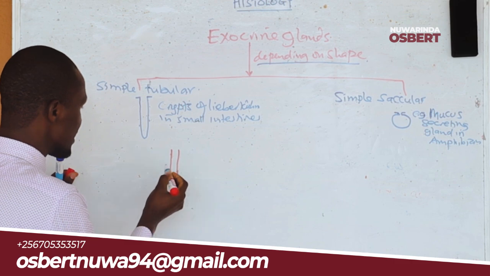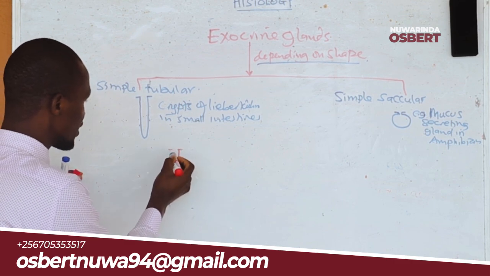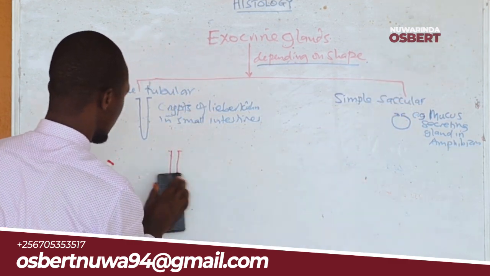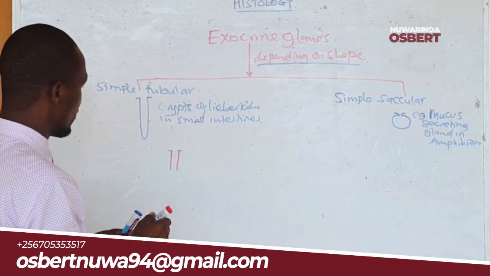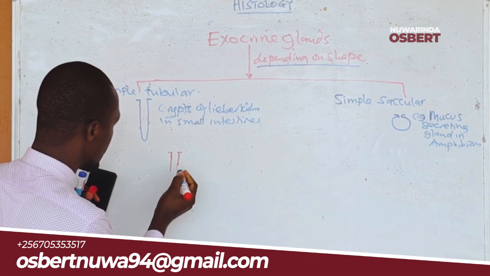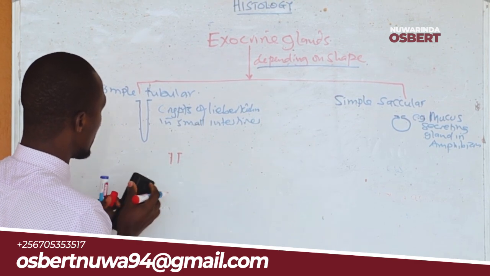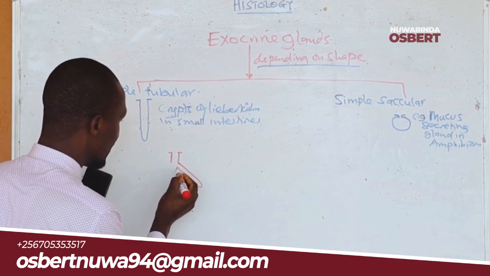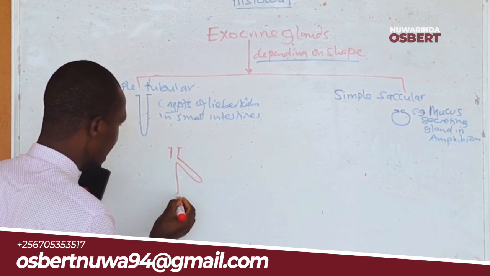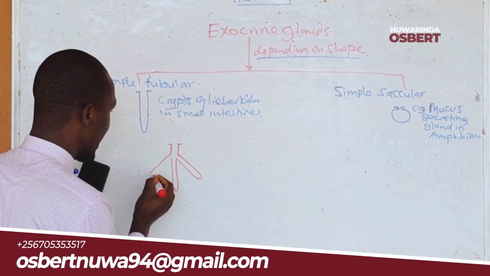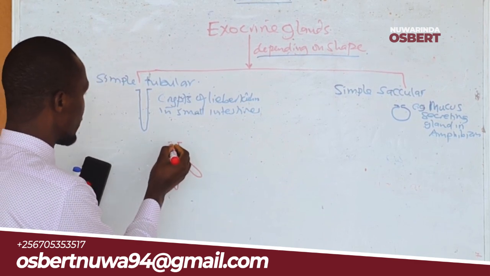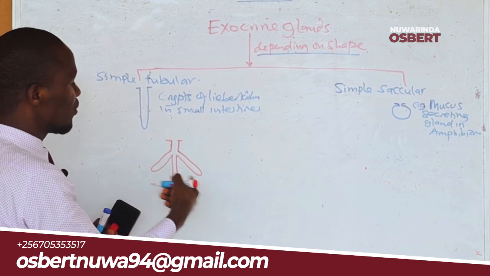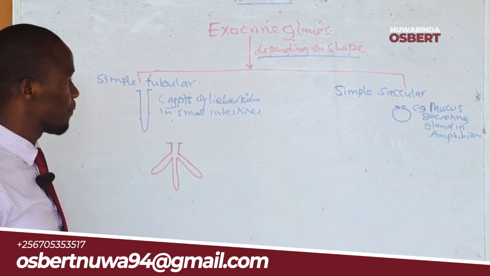But when it reaches down here, instead of being one tube, it subdivides, and you end up with another tube here, another tube here, and another here. So what was supposed to be one tube has been subdivided into many other tubes, the way you see here.